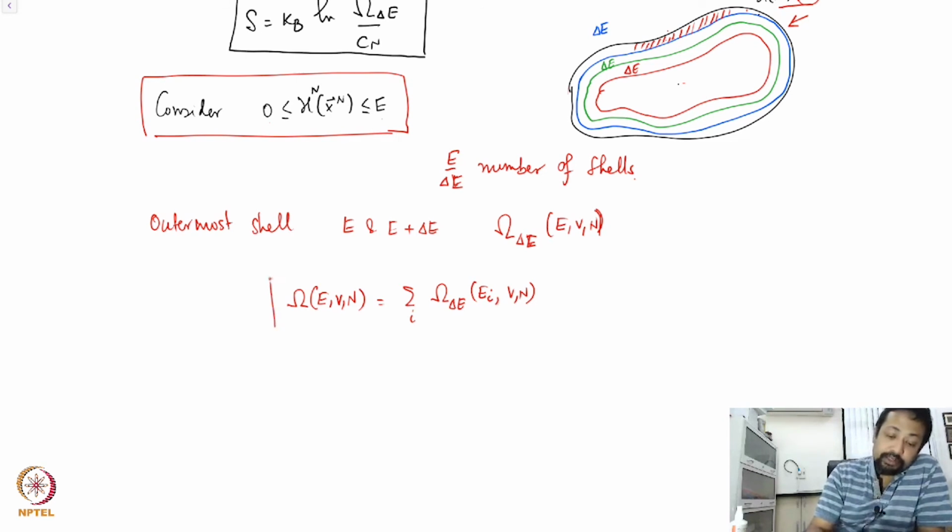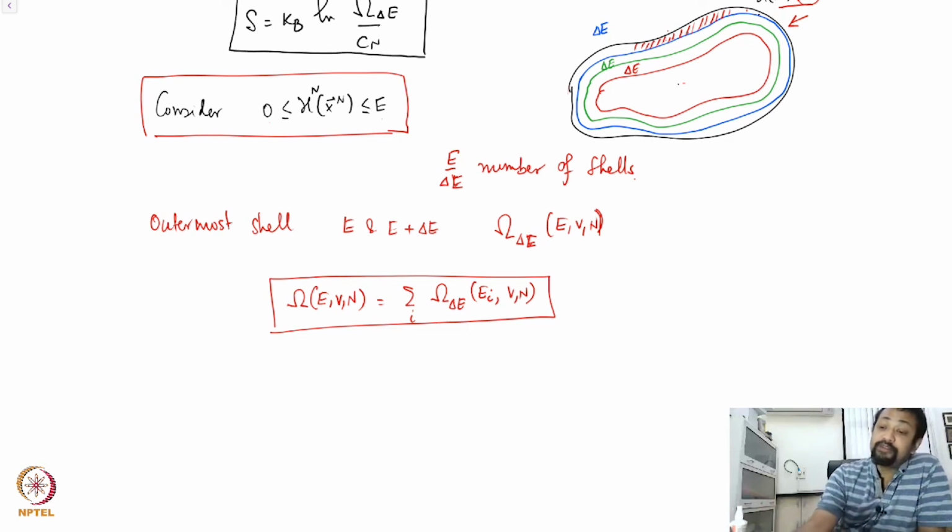But if you look at this expression, even this pictorial representation makes it very evident that the total volume contained within this hypersurface is definitely more than the shaded area, right?